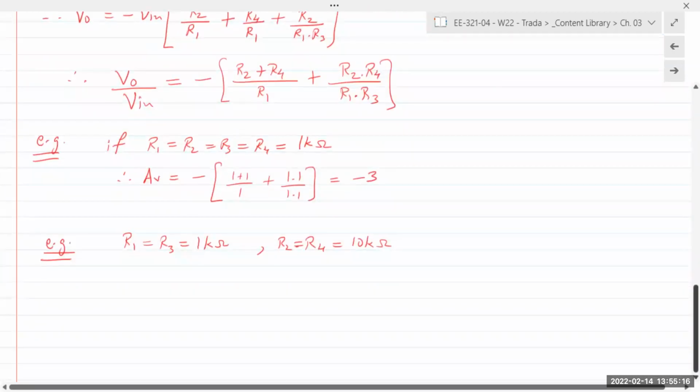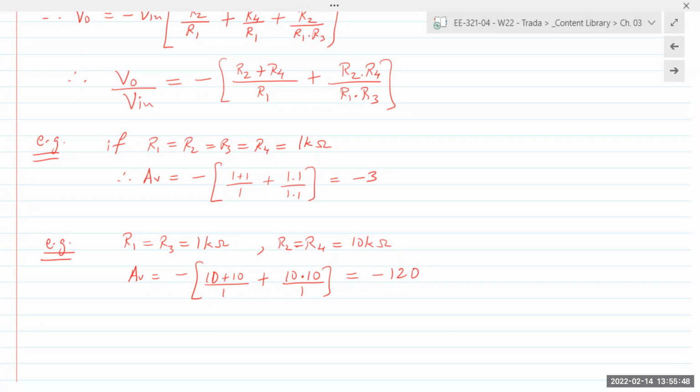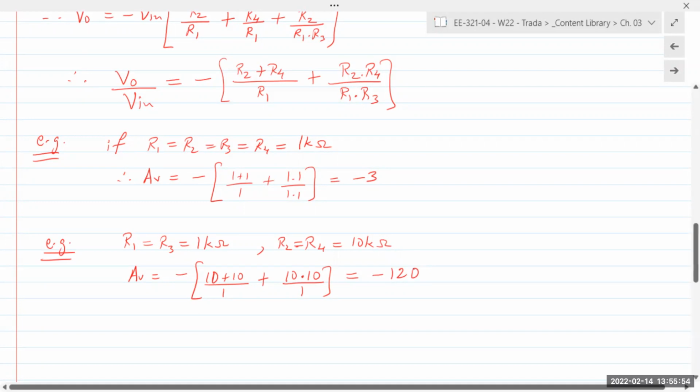Now our gain has increased dramatically. So you now have 10 plus 10 divided by 1 and you have 10 times 10 divided by 1. So 120. Yeah, 120. So with only two values of resistances, now you have tremendous gain.